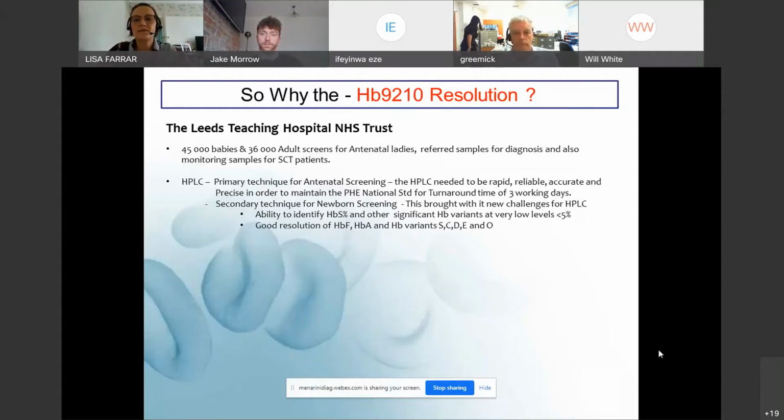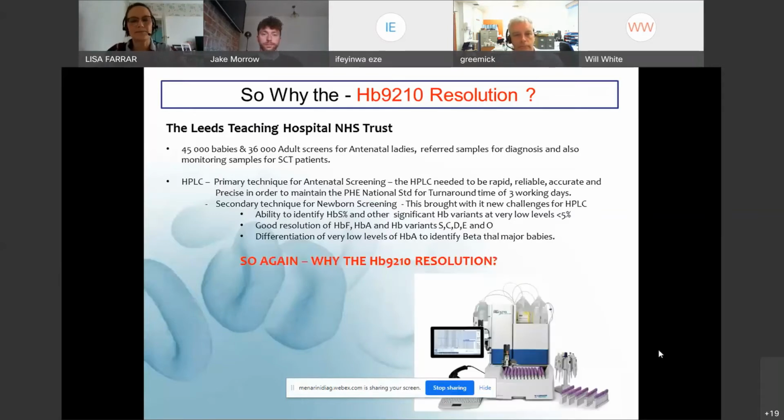We needed good resolution of fetal hemoglobin, adult hemoglobin, and hemoglobin variants S, C, D Punjab, E, and O Arab. And we needed to be able to differentiate at very low levels of hemoglobin A. This was in order to help us identify babies with beta thal major as opposed to very premature babies.